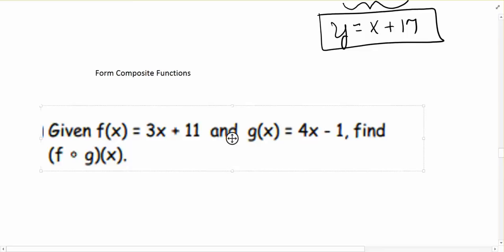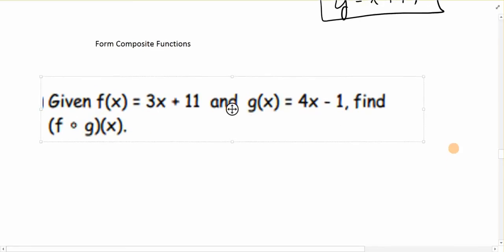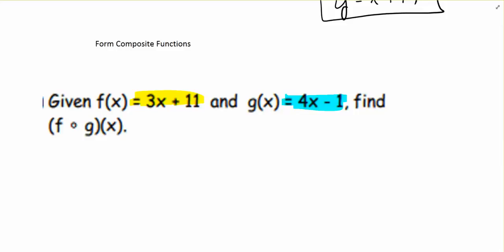All right, so you will probably have to do a composite function, and you'll be given an f of x. So here's my f of x, and here is my g of x. And you could be asked to find f of g or g of f. And what does that mean? F of g means take g and put it into f.